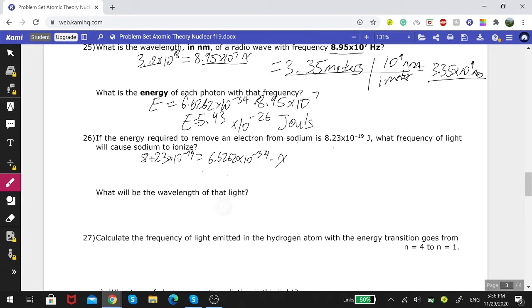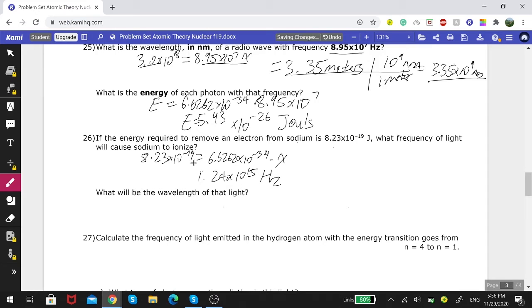So basically divide this number by this number, 8.23 e to the negative 19 divided by 6.6262 e to the negative 34th. That should give us 1.24 times 10 to the 15th Hz.